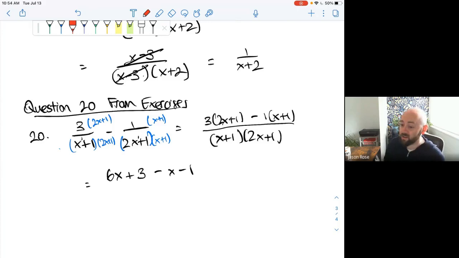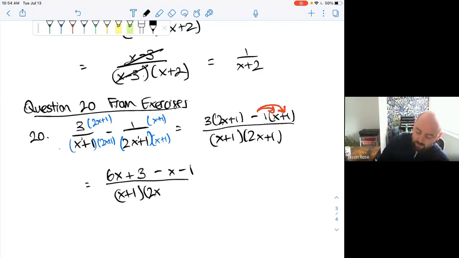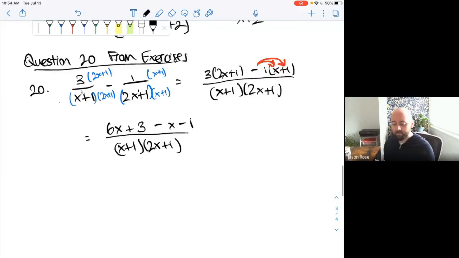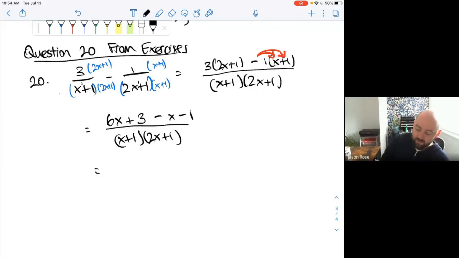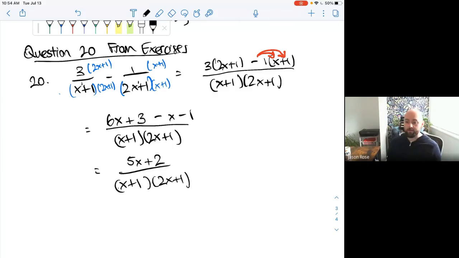If you ever see a minus sign outside of brackets like that, it has to distribute in. We have x plus 1 times 2x plus 1 at the bottom. And 6x minus x is 5x. 3 minus 1 is 2. Looks like it's not going to cancel or simplify any further, and we're actually ready to stop here.